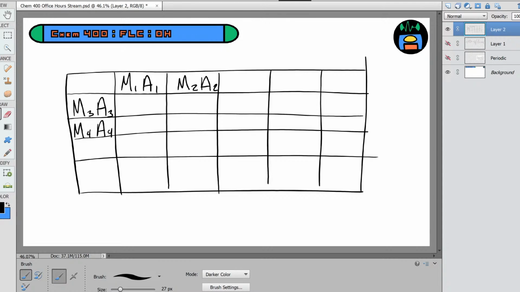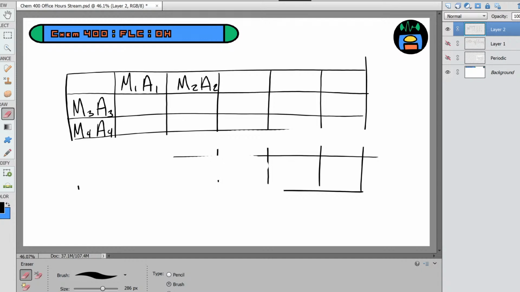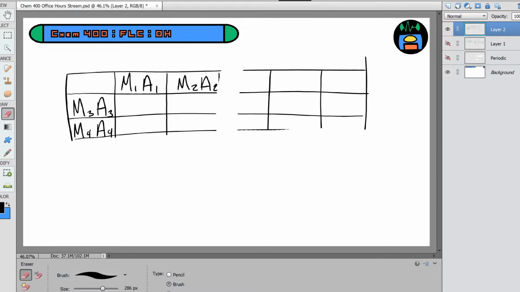All right, and let's say that you get... you know what? I'm gonna go with a simplified table. I think you've got like a 5x4 deal.